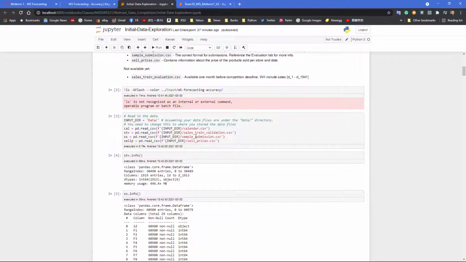So first is import. The second, I'm going to read the data. It takes a while to read the data. It takes me almost 10 seconds to read all the data files. So if you have a computer or laptop with less memory, this could take 10-20 minutes for you.